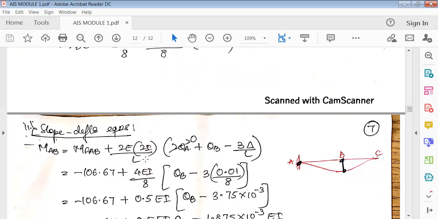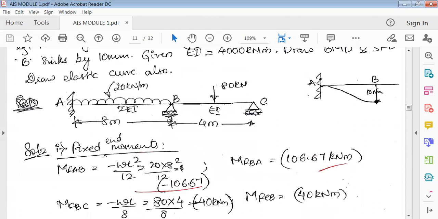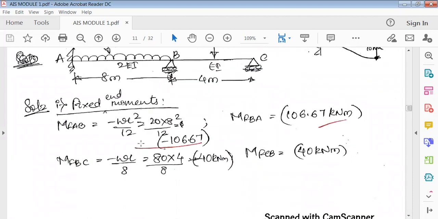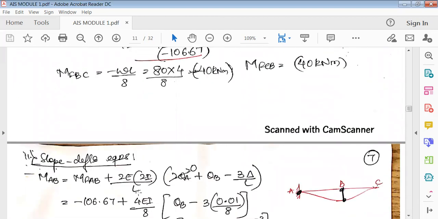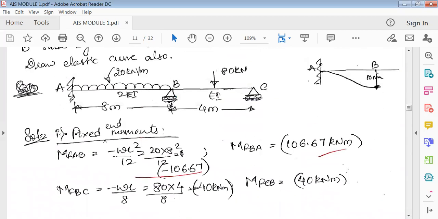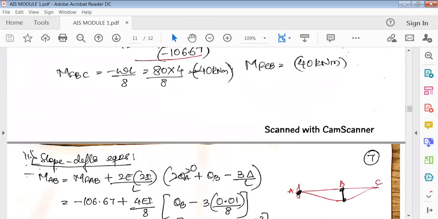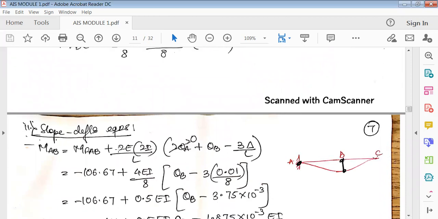All right. So, as usual, first MFAB, minus 106, we have found this, plus 2EI. So here you can see I is 2 times I. So it is 2E 2I divided by L, into, open the bracket, 2 times theta A plus theta B minus 3 delta by L. Now, 2 2s are 4 EI.